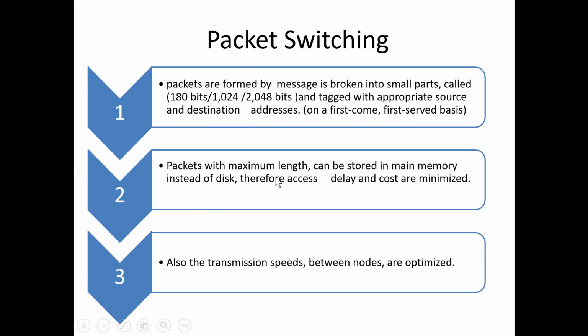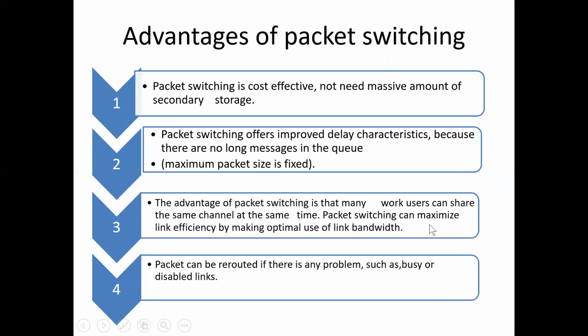The packets with maximum length can be stored in memory instead of disk. Therefore, there is less delay and cost involved in this process, and transmission time and losses are also optimized. So we can say that it is cost effective, with no need for the massive amount of secondary devices which were required in case of message switching.